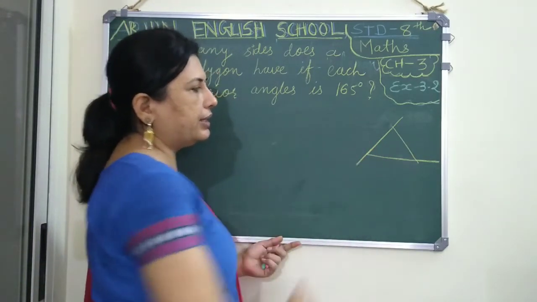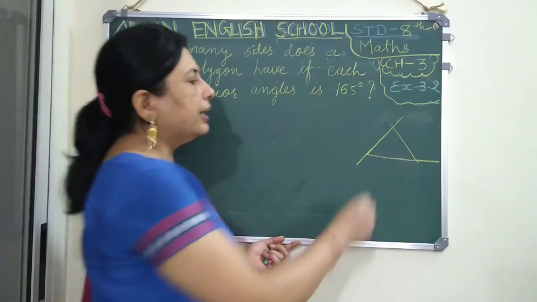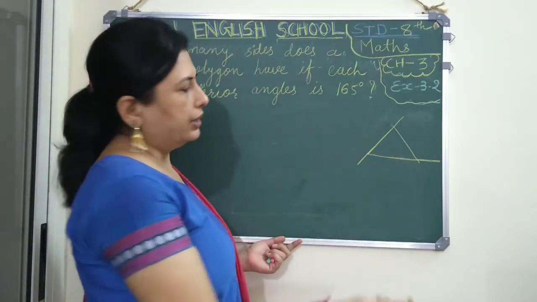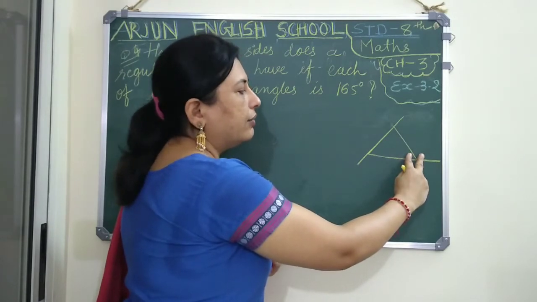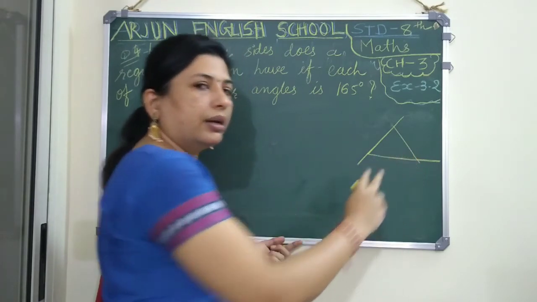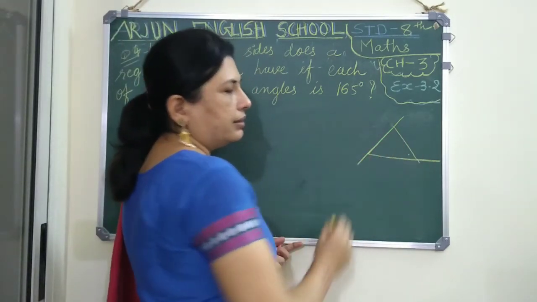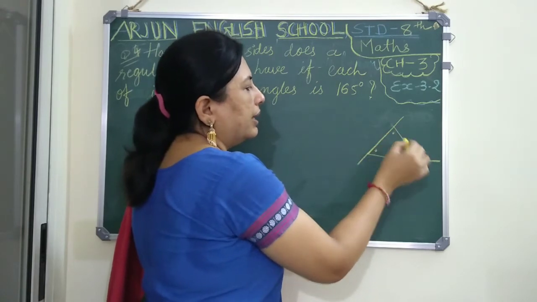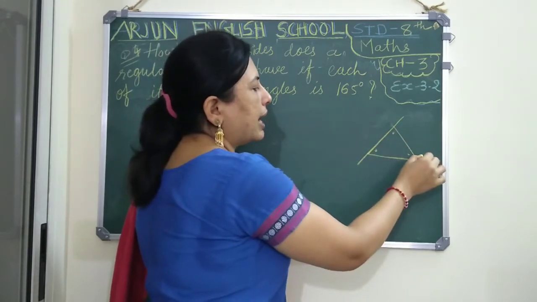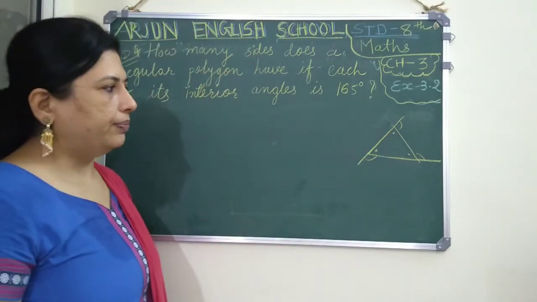In this figure you can see that this polygon is a regular polygon. For any polygon, its exterior angle and its interior angle will be a linear pair. And always interior angles are equal and exterior angles are also equal for a regular polygon.